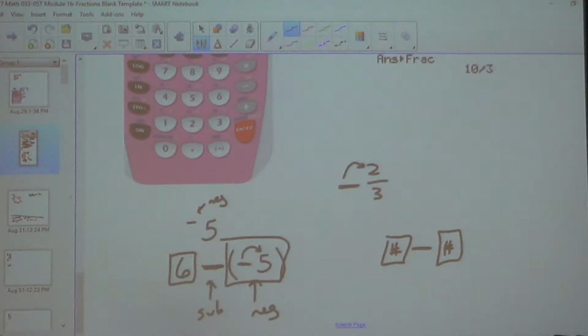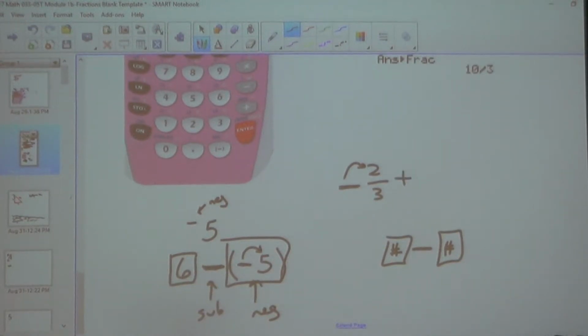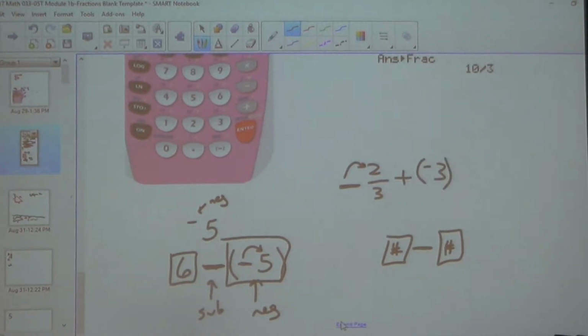This is holding on to that. And this is holding on to that. So these are both going to be a negative. And then this would be an addition sign. So a subtraction is when you're holding two things together. A negative is when it's attached to a number. Okay. Does that make sense?